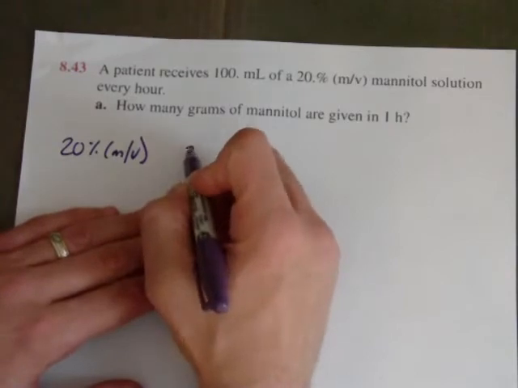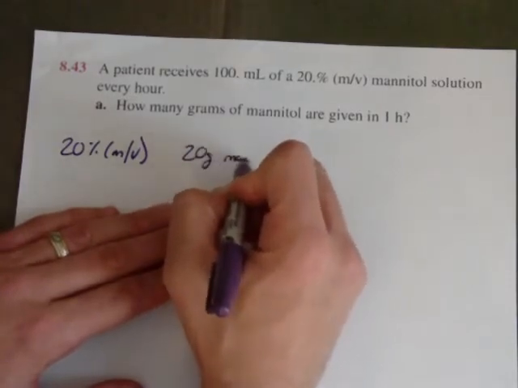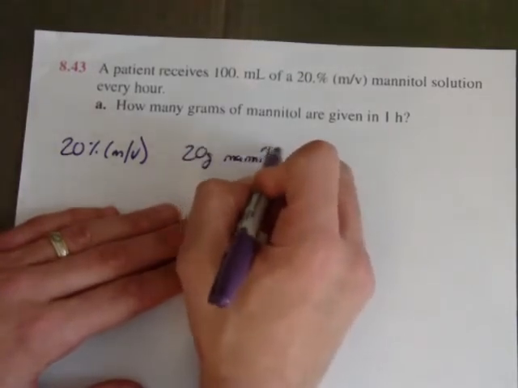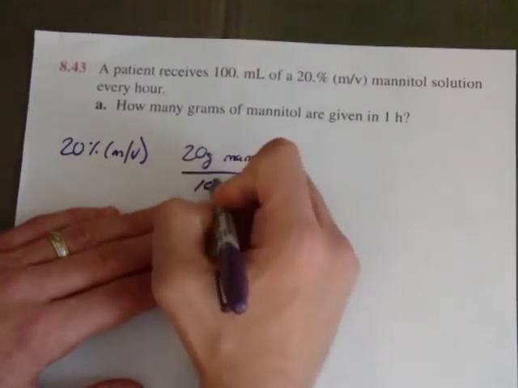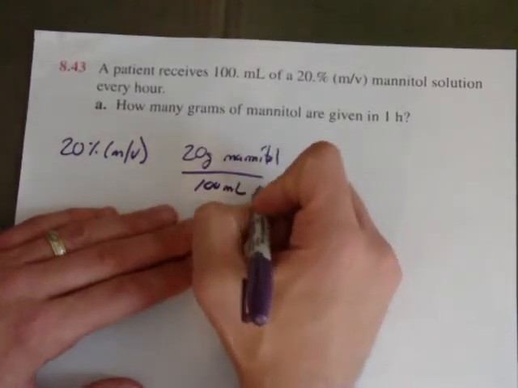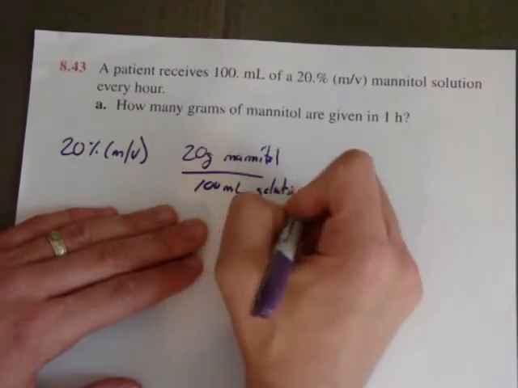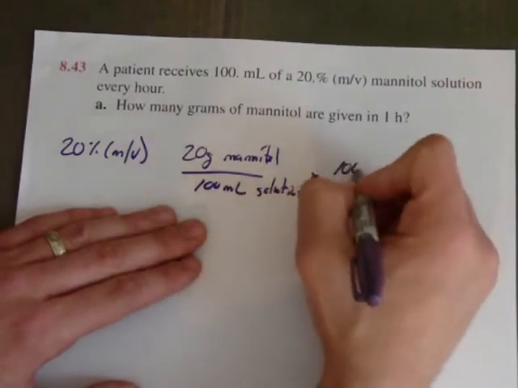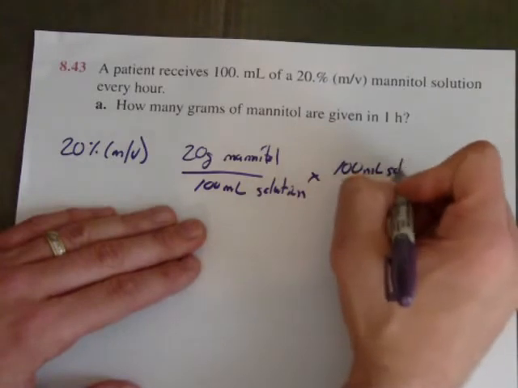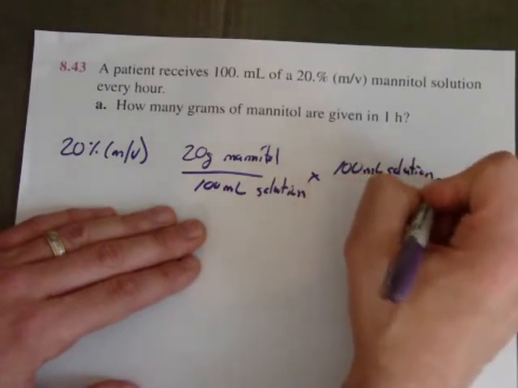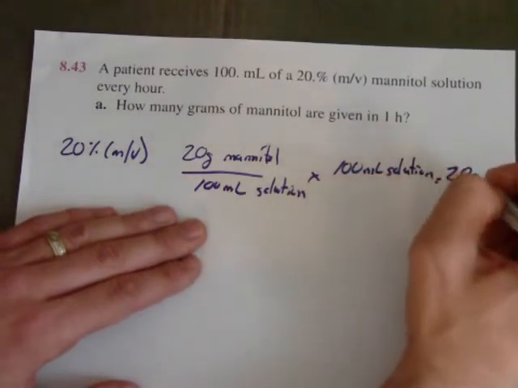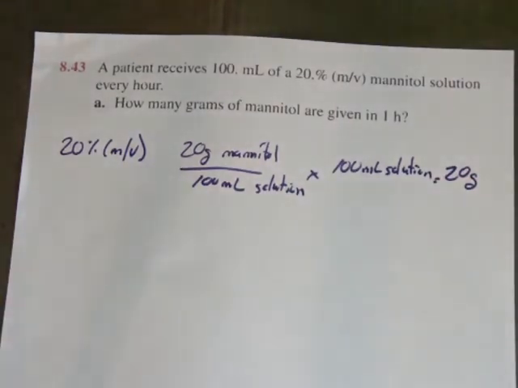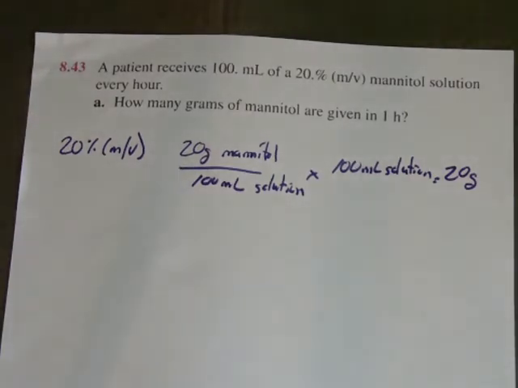So it's 20 grams of mannitol divided by 100 milliliters of solution, and it says we have 100 milliliters of solution in that hour. And so we would get 20 grams of mannitol. Again, we're just making sure we use the denominator as 100, and then we use whatever the percent value is as the numerator.